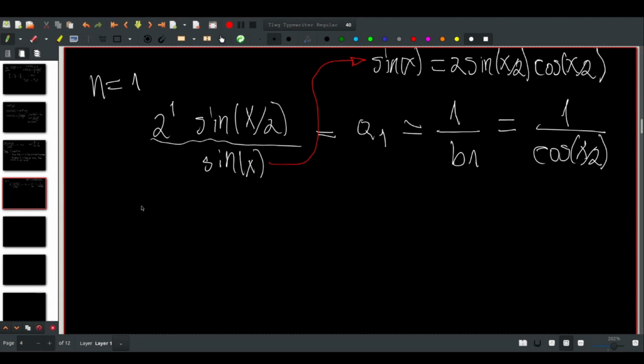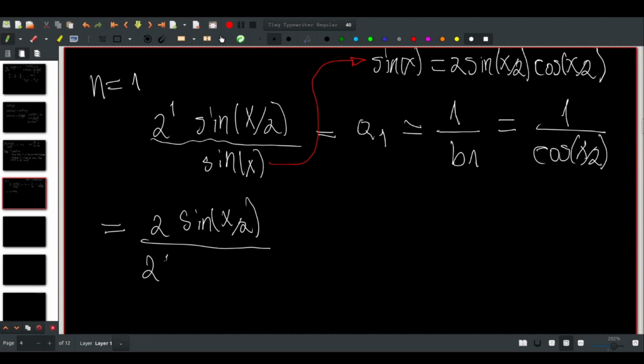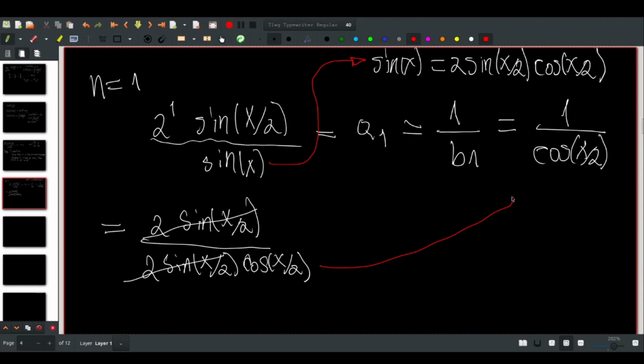Right? Perfect. So this left hand side is equal to 2 times the sine of x half, divided by twice the sine of x half times the cosine of x half. And the 2 sine and the 2 sine cancel, and we get what we wanted, right? This is indeed true. These two are the same.